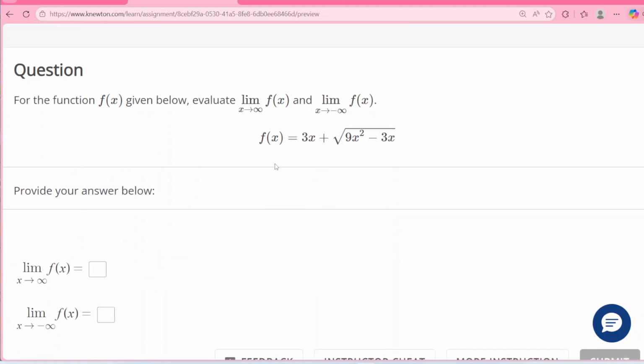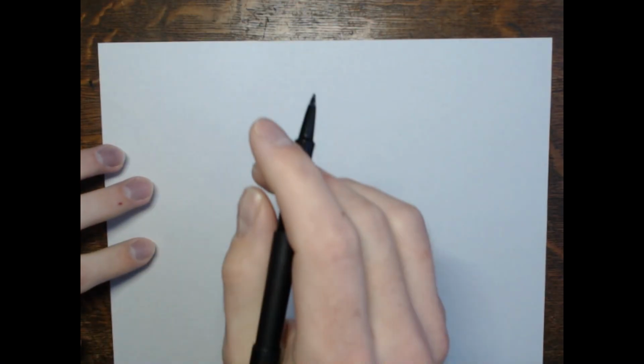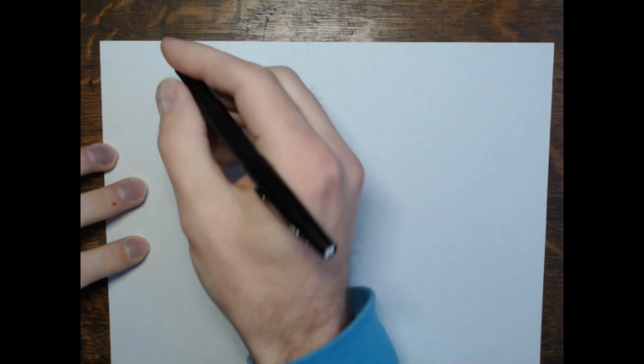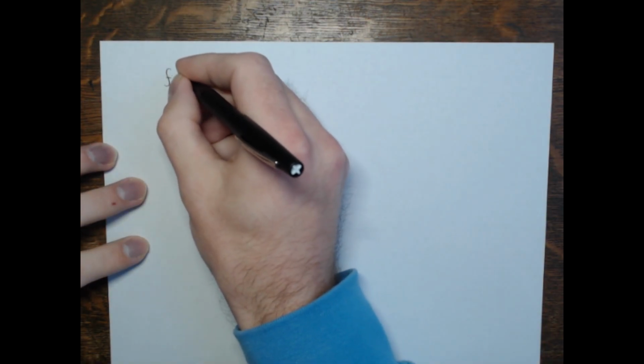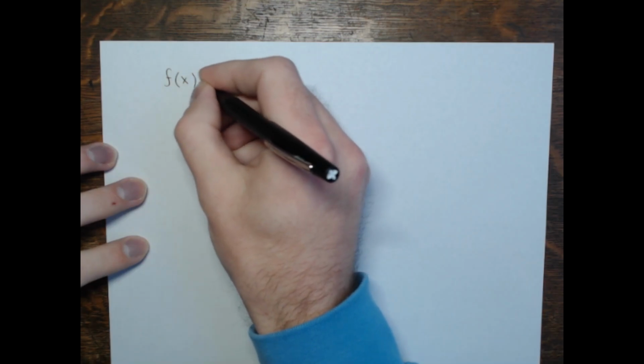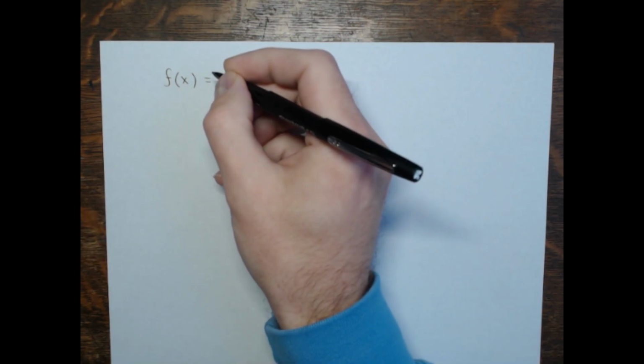All right, so again, I'll do the same thing where we'll try to look at it on paper, and then look at a graph, look at a table. You can do all sorts of things to estimate what a limit is. So the function I'm given here is an algebraic function involving a square root and some polynomial terms.